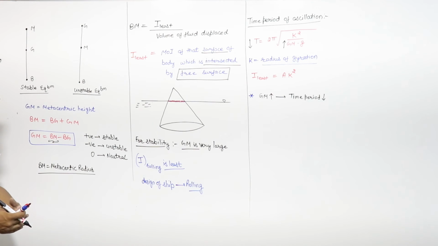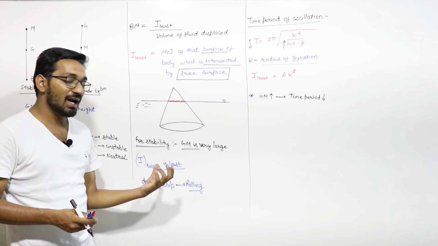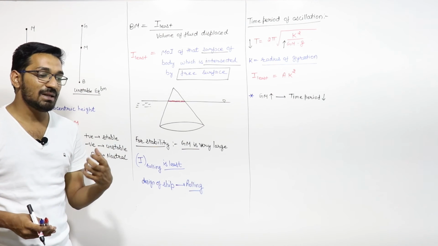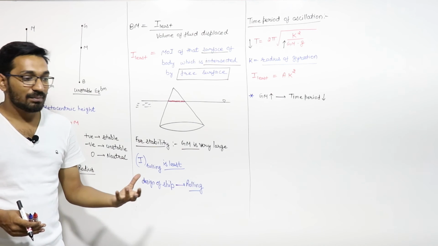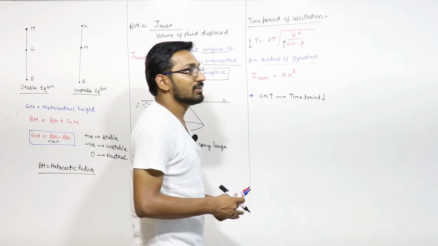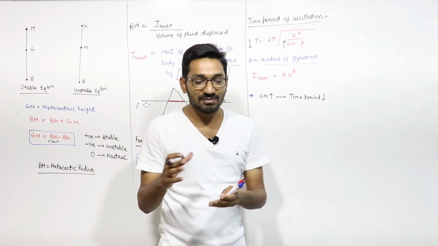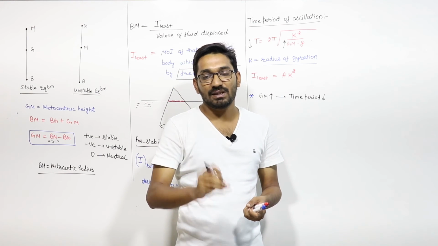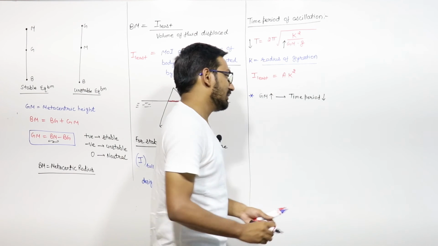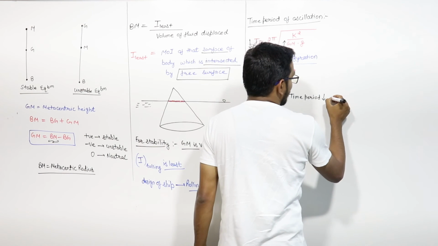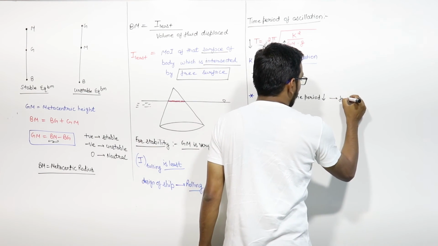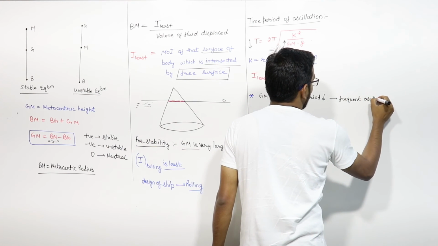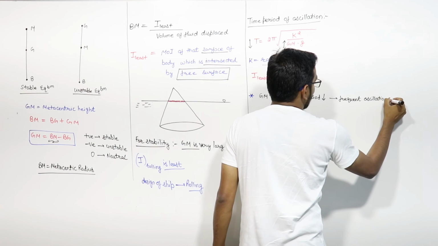So we can say that if the metacentric height is more, then the body will be more stable. But the disadvantage with a large metacentric height is that the time period will be very small.